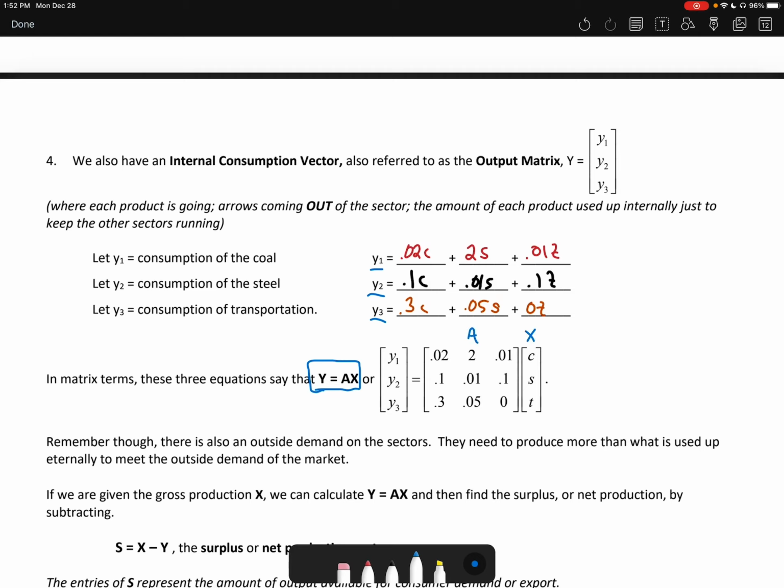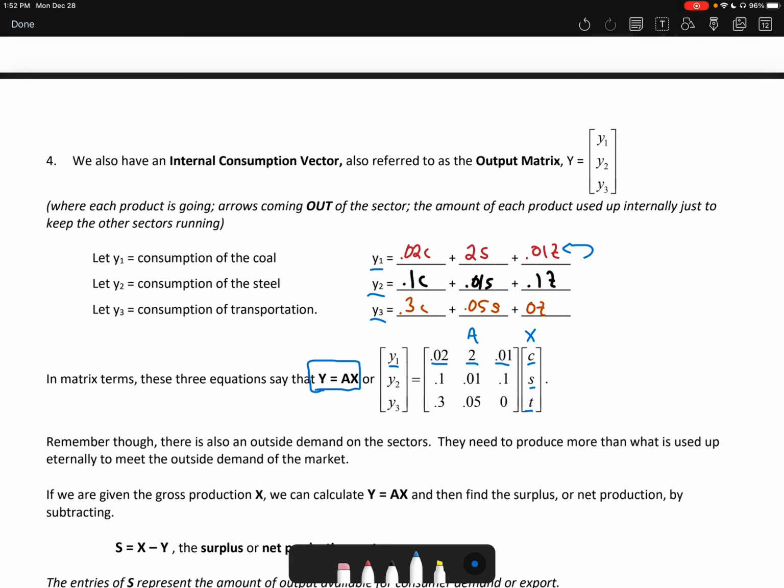So this is A and this is X. If I were to multiply these, I would go across and down. How is Y1 created? Y1 is created by doing 0.02 times C plus 2 times S plus 0.01 T, right there.